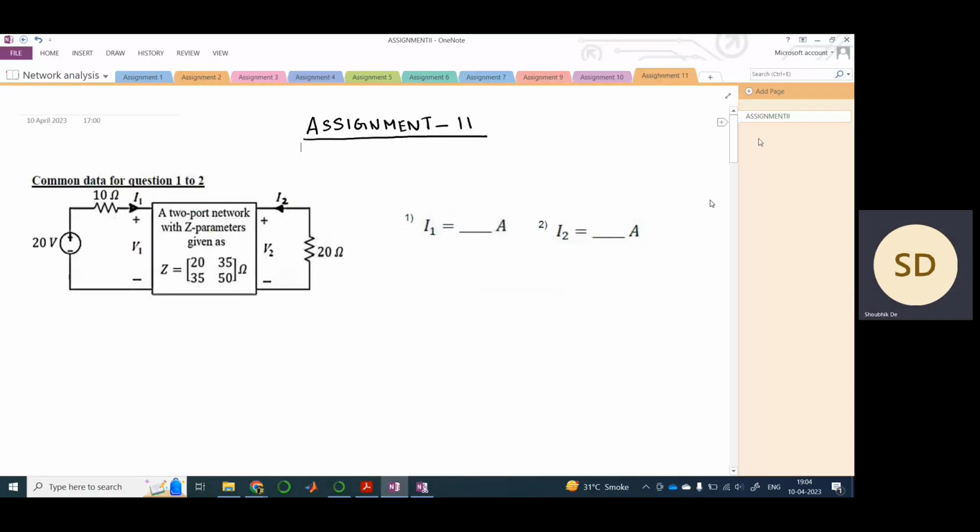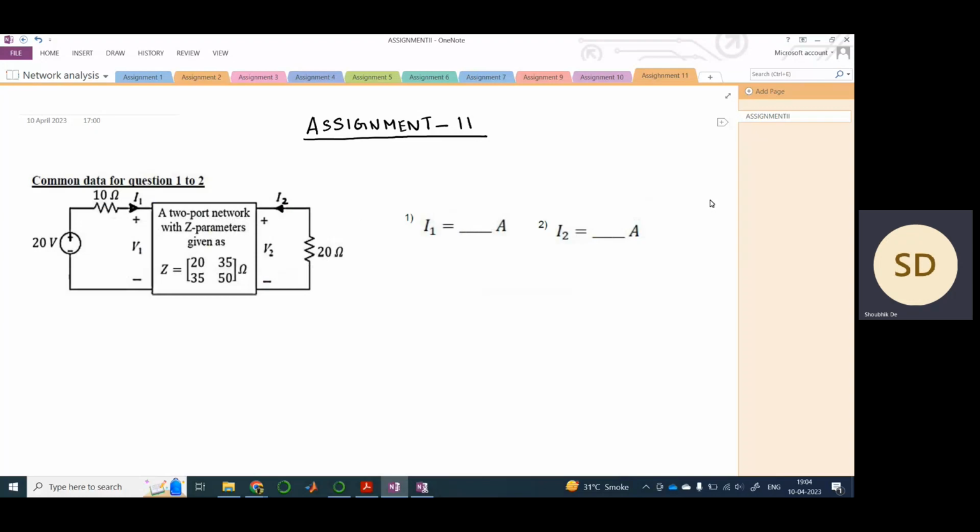Okay, so let us look at the question. As I told you, this assignment 11 is a continuation of assignment 10 of the previous week, that is two port theorems. Let us look at the problems one by one.